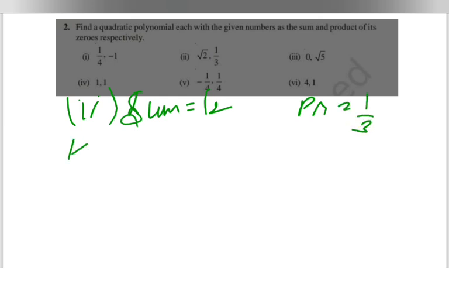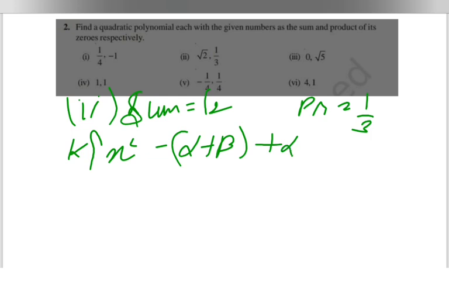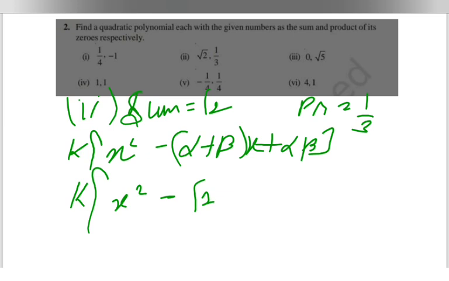So formula is k into x square minus (alpha plus beta) x plus alpha beta. So this is the formula. So k into x square minus x, alpha plus beta is root 2, x plus alpha beta is 1 by 3.